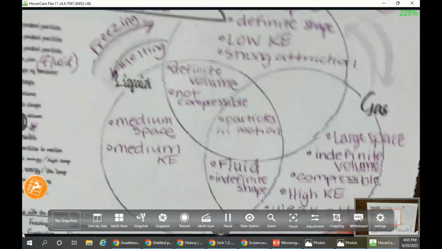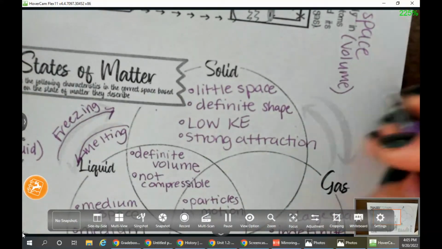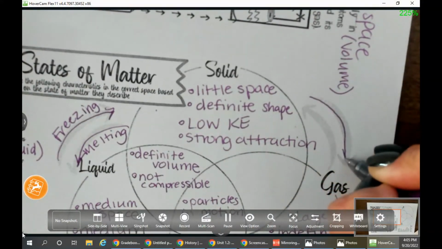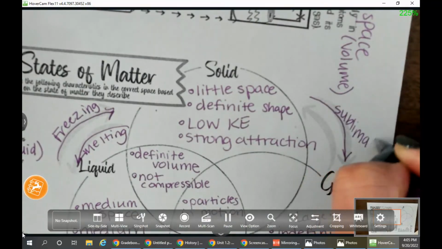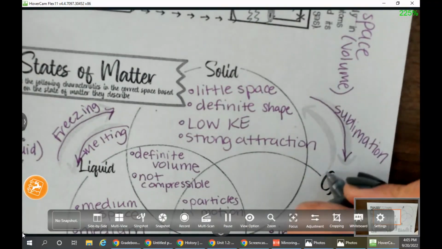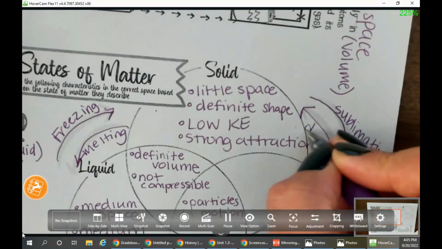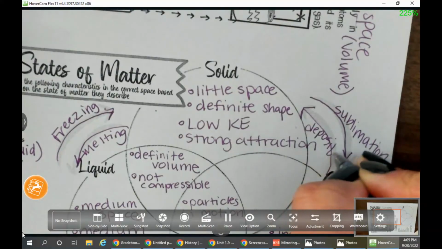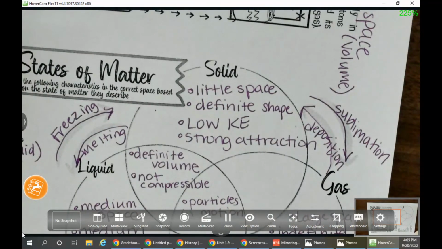Okay. What is a solid up to a gas? Sublimation. What is a gas going straight to a solid? Deposition. Thank you. Deposition. All right.